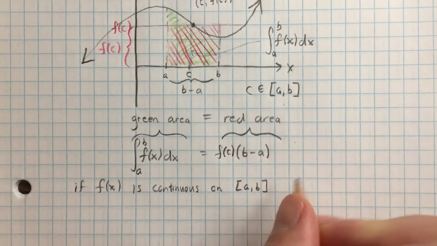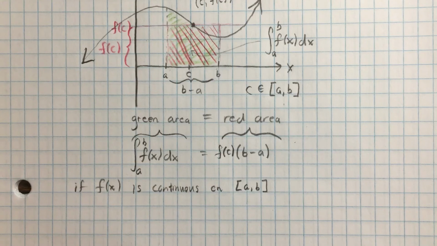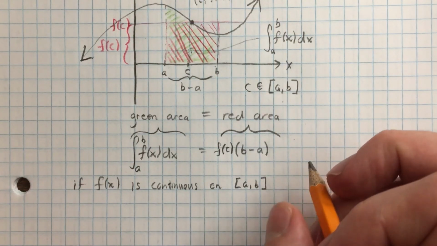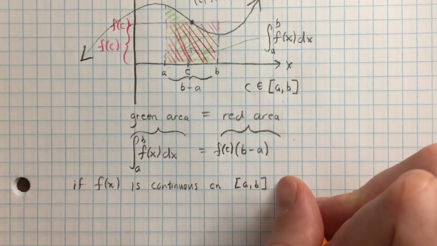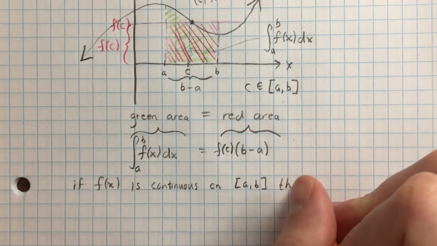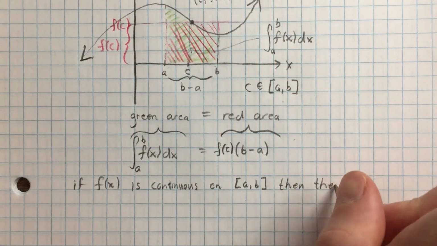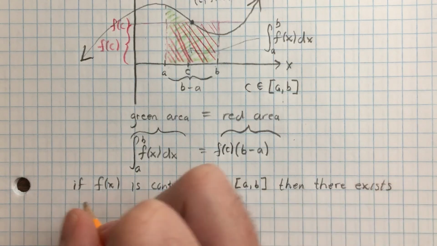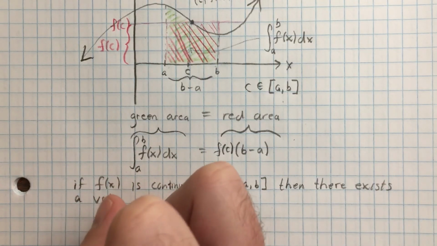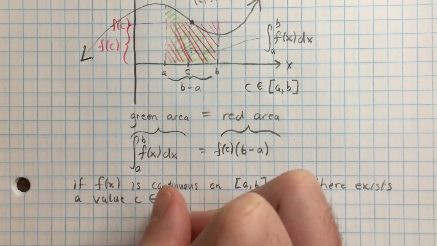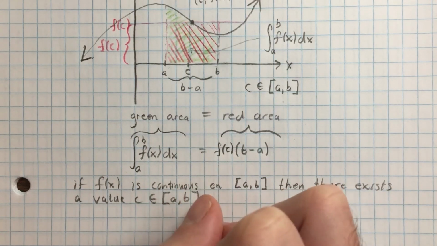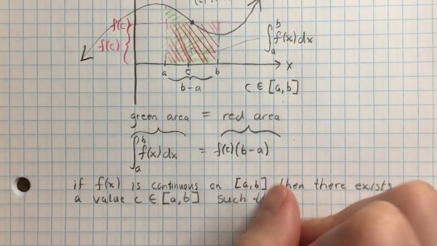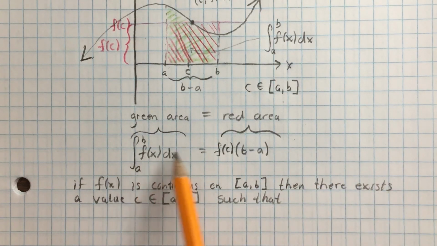this should sound very similar to the mean value theorem for derivatives. There's some differences, of course, in the phraseology, but it is rather similar. If f of x is continuous on AB, then there exists a value c, which I demonstrated in the picture, and c will be in the interval AB, such that this expression right here.